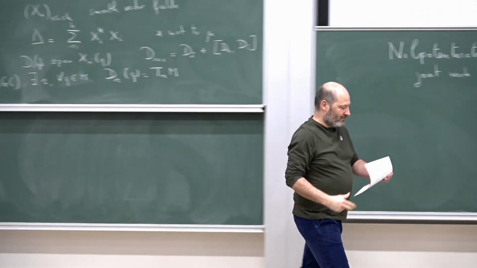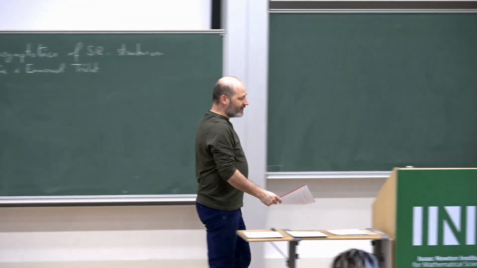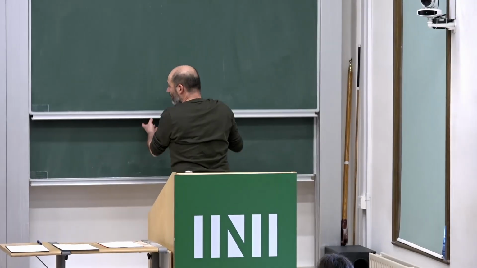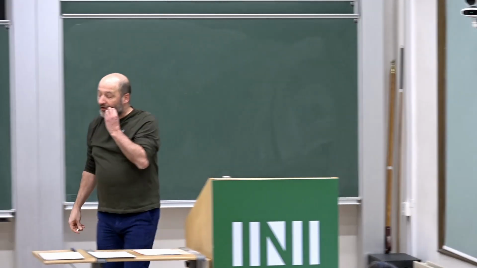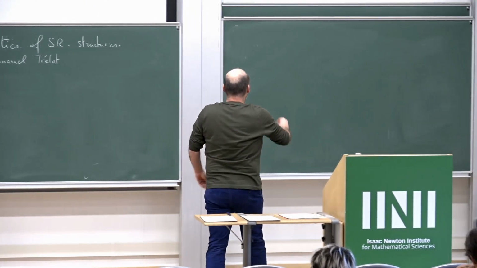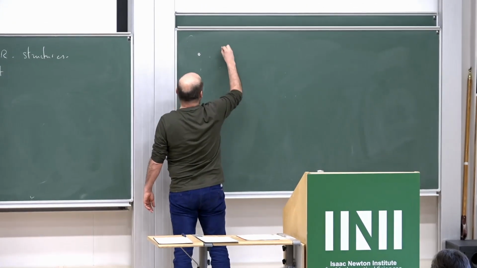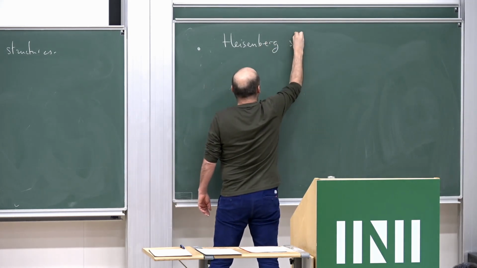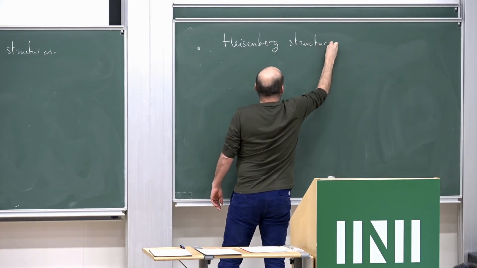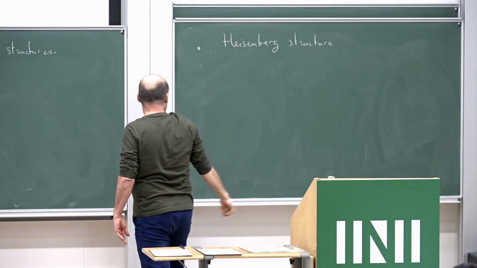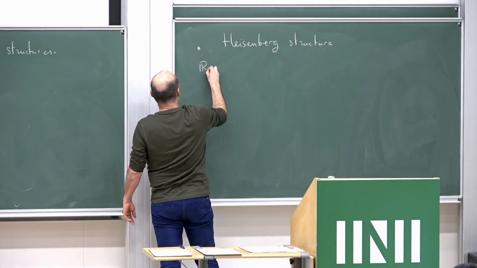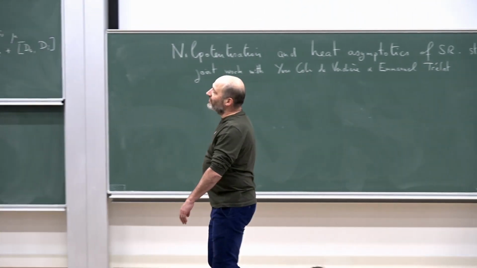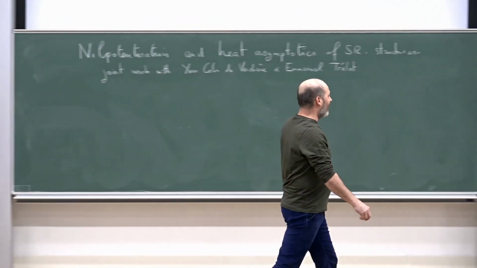Let me give you right away two examples that I will use later. The first one is what's called a Heisenberg structure. My compact manifold is R3, meaning a ball in R3 if you really want it to be compact.